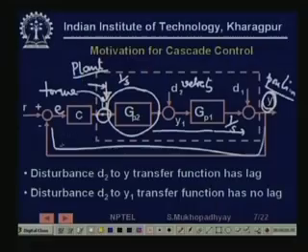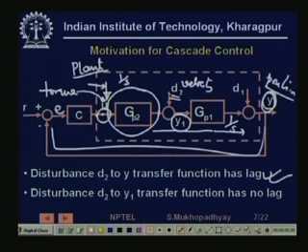This is the reason why, if you have so much phase lag, then sometimes what can happen is that the stability margins are lower. So the disturbance d2 to y transfer function has lag, but it so happens that this intermediate variable y1 is immediately affected by d2.